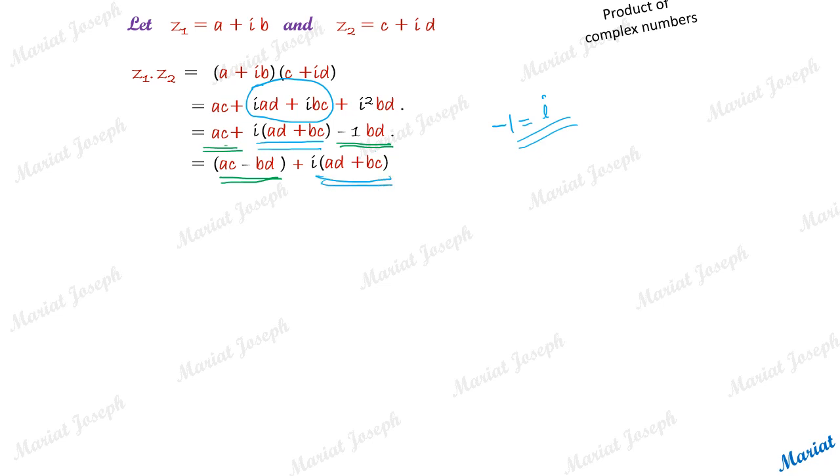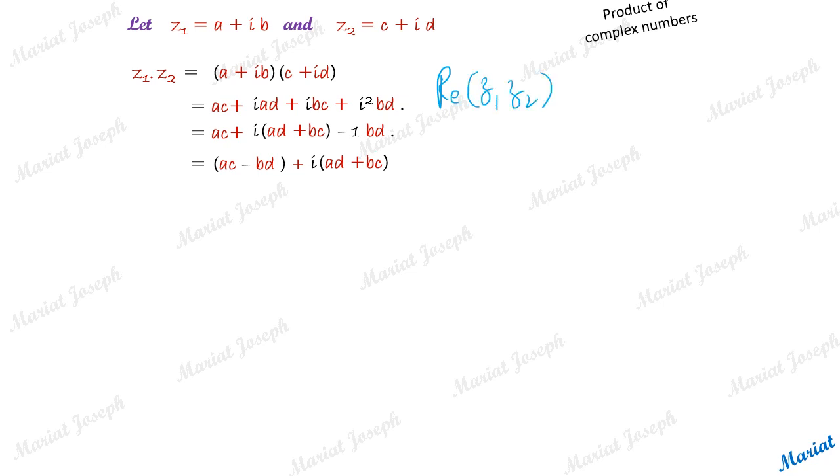So the multiplication of two complex numbers, while doing, you are actually doing simple distributive property. In addition to that, use i² as -1 and nothing else. So we can say real part of the product, real part of z1 z2 is equal to ac - bd, and imaginary part is ad + bc.